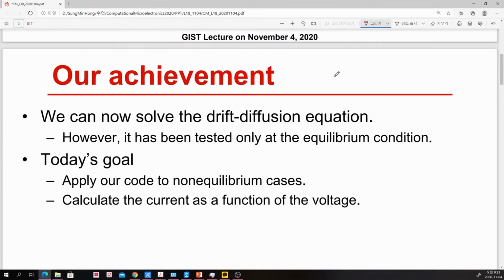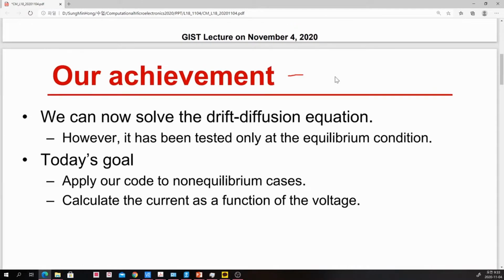So this slide is just saying the same thing I have said up to now. We can now solve the drift diffusion equation. However, it has been tested only at equilibrium condition.